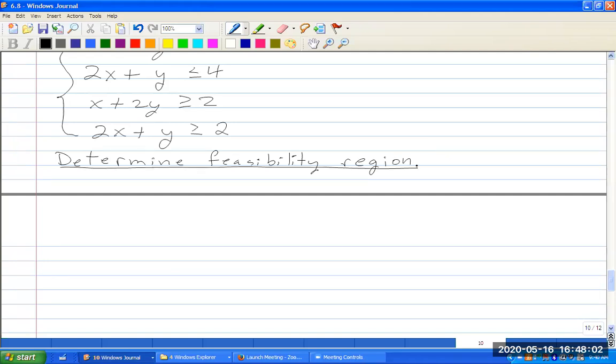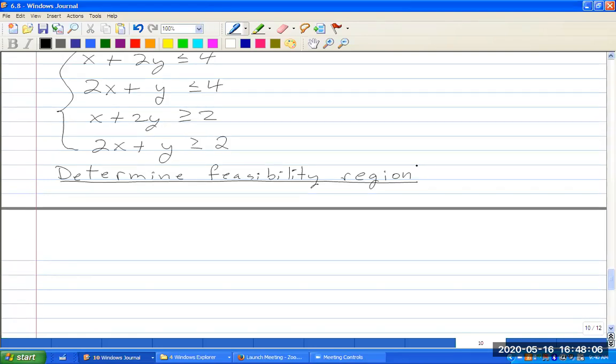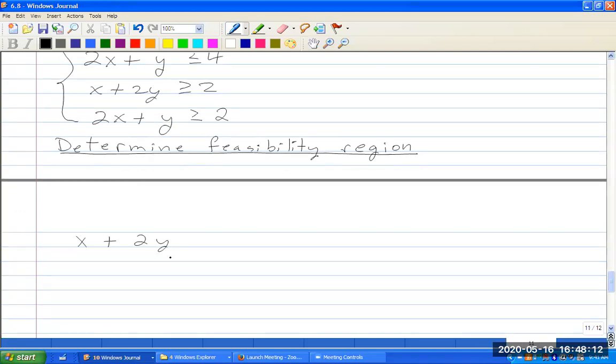Okay, so I have here x plus 2y is less than or equal to 4.